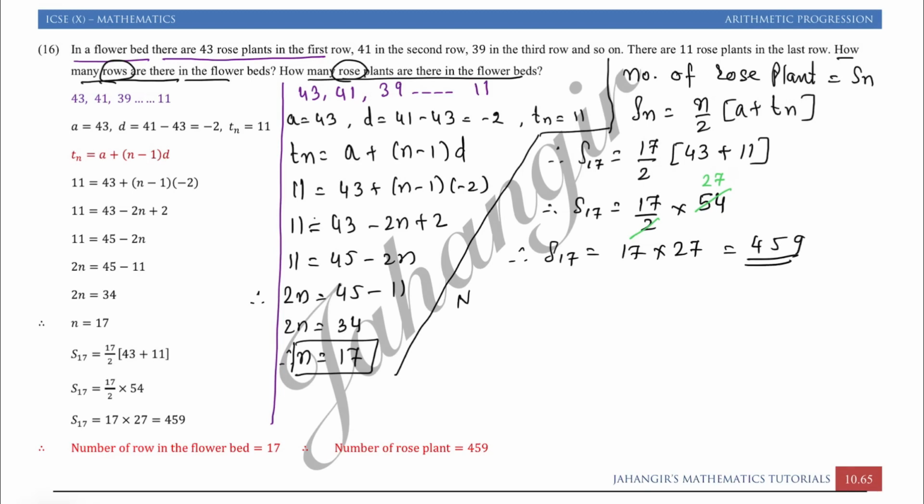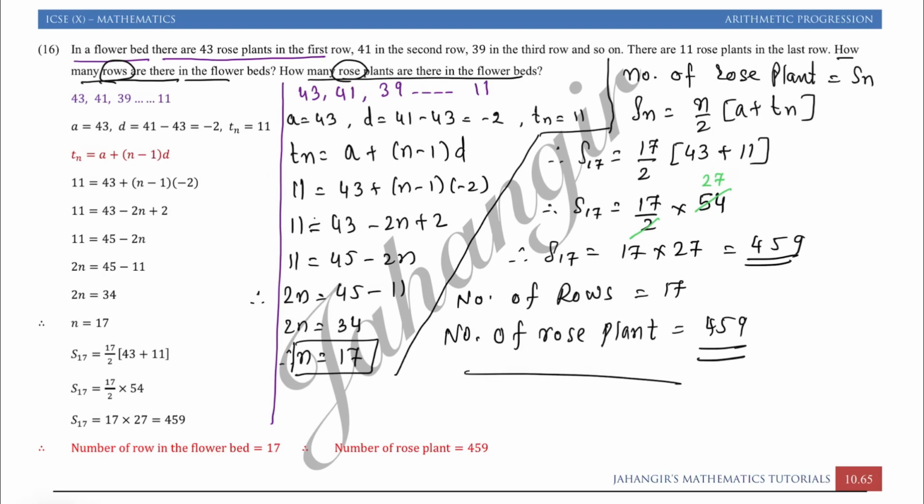So the number of rows is 17, and in those 17 rows the number of rose plants is 459. You have to write the final statement.